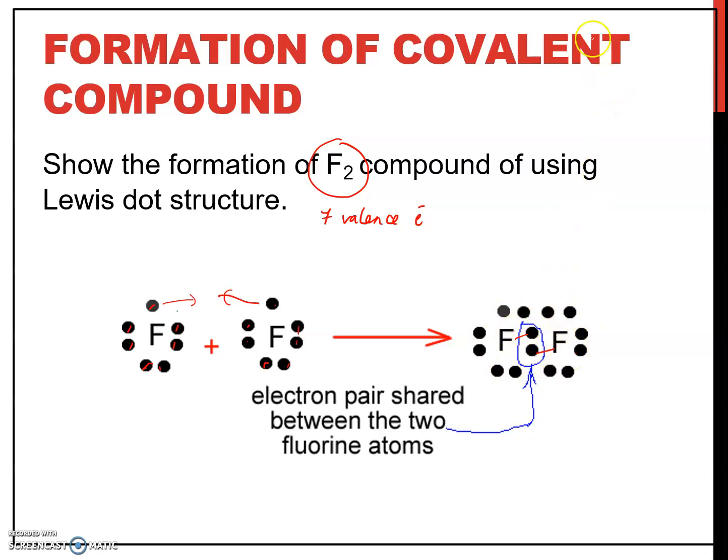So for covalent compound, by sharing the electron, it will achieve octet. So each fluorine atom has 8 electron.